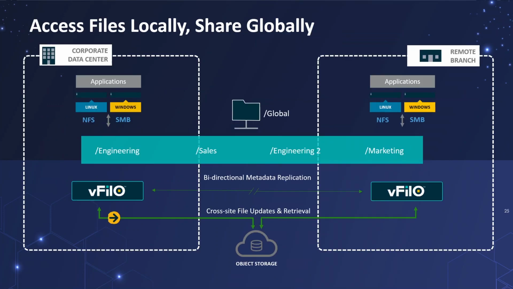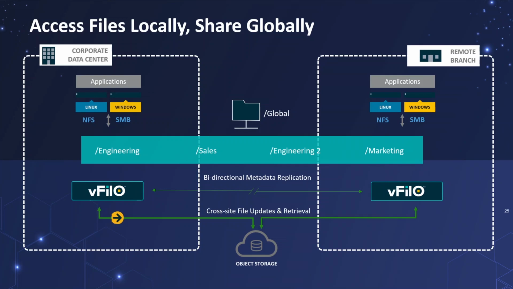So let me give you some high-level architecture about global file share. In each site, you will deploy vFilO, and we have different components in between the sites. It will continually synchronize the metadata, so each site can see all the data as if it's sitting locally.